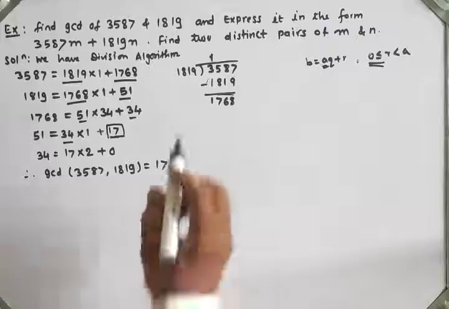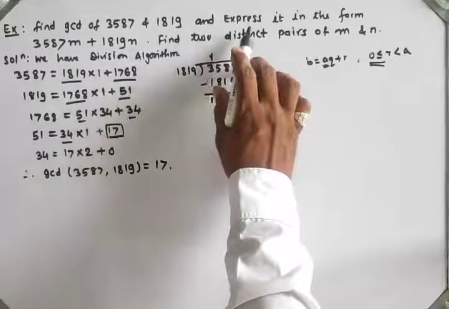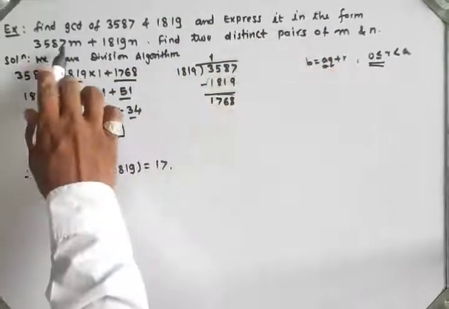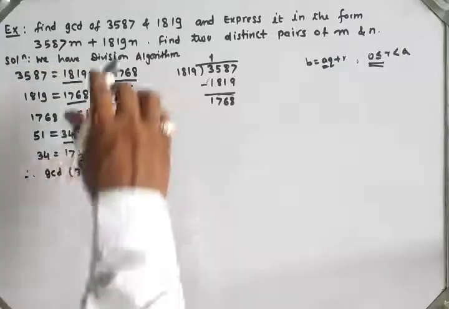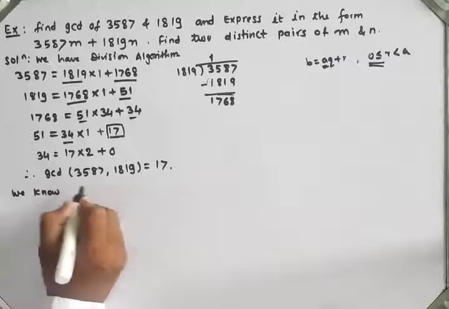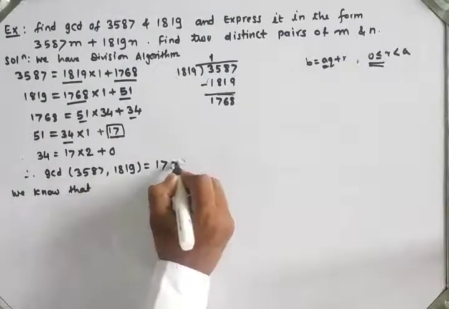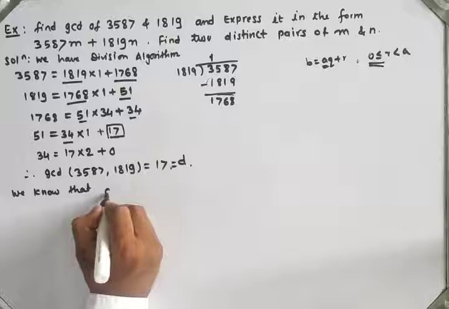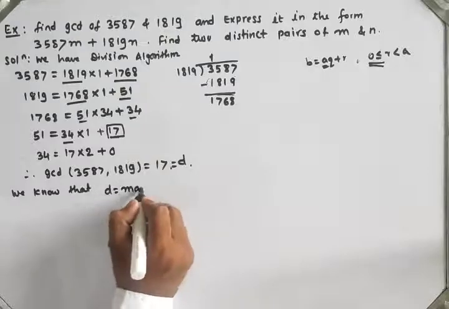Now we have to express it in the form 3587m plus 1819n. We know that d is always equal to ma plus nb.